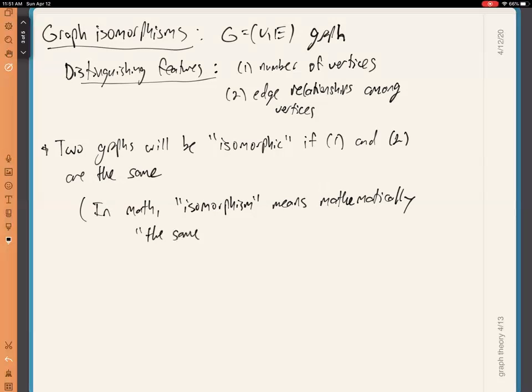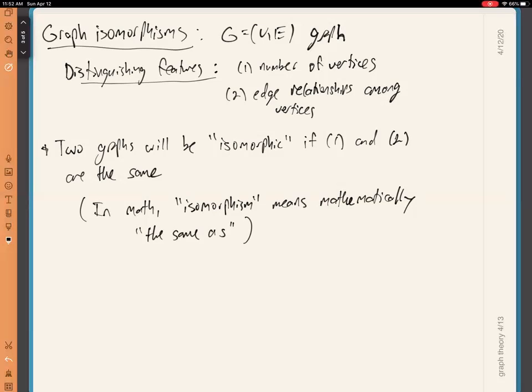It just means that if you have some collection of features you're interested in for whatever problem you're working on, for example, the number of vertices and the various edge relationships, then these important features are the same. And so maybe there are some other unimportant things which aren't the same, which you don't really care about, and those don't matter so much. It can still be isomorphic as long as the important features are the same.